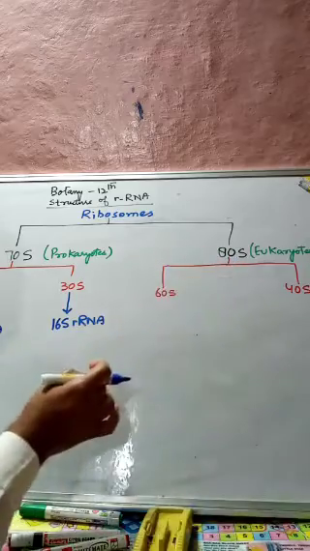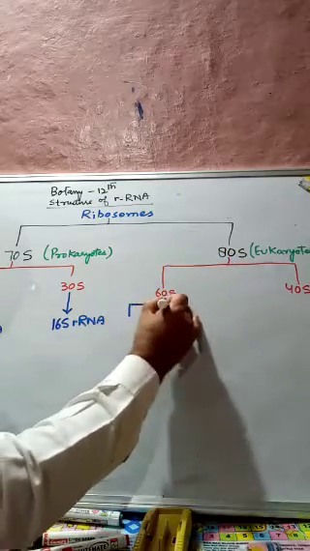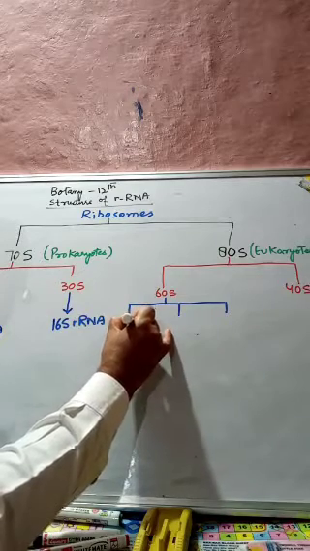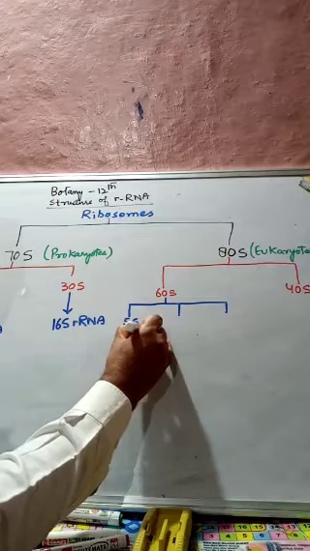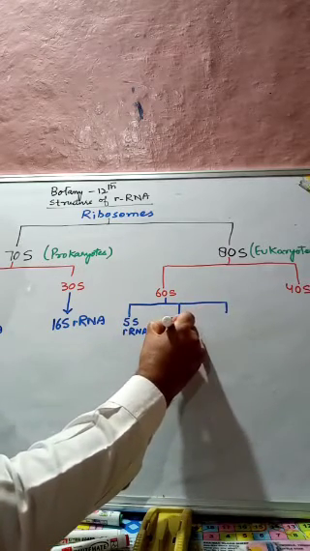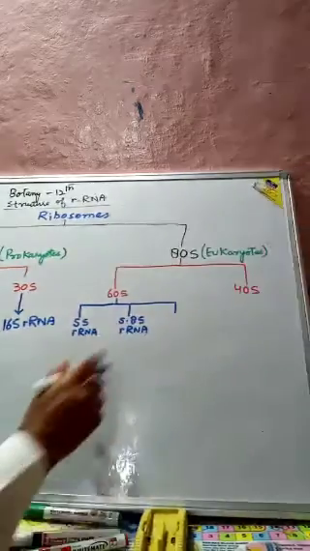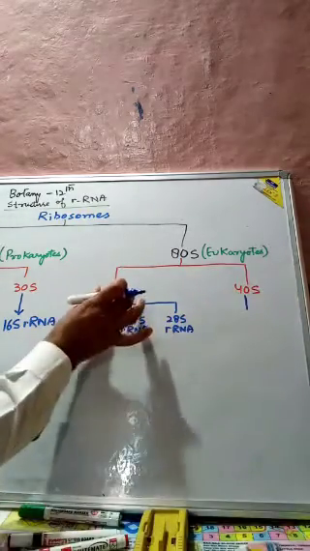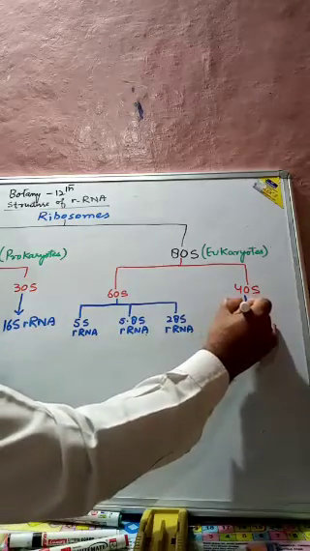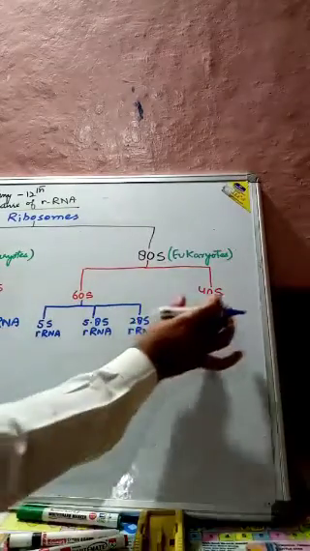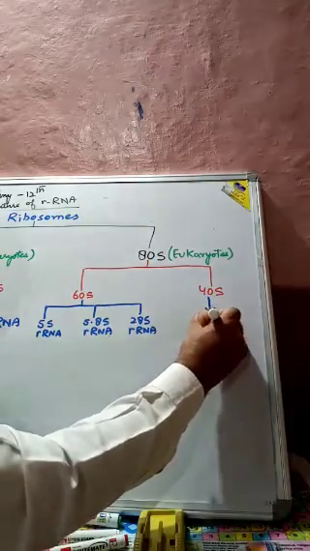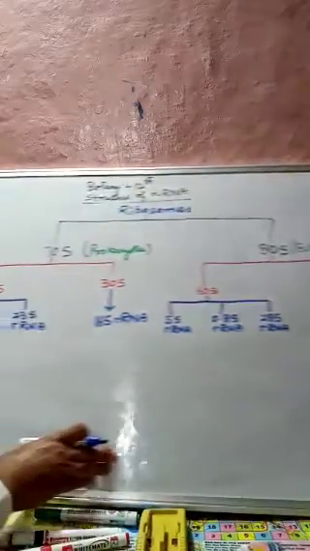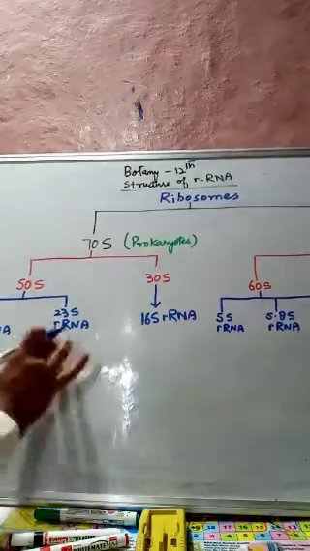Similarly, in the 80S ribosome of eukaryotes, we see different types of rRNA. The first one is 5S rRNA, then 5.8S rRNA, and third is 28S rRNA, and these three are found in the 60S subunit. The 40S, the smallest subunit, has 18S rRNA. So in 70S we get 3 different types of rRNA, while in 80S, in eukaryotes, it has 4 different types of rRNA.